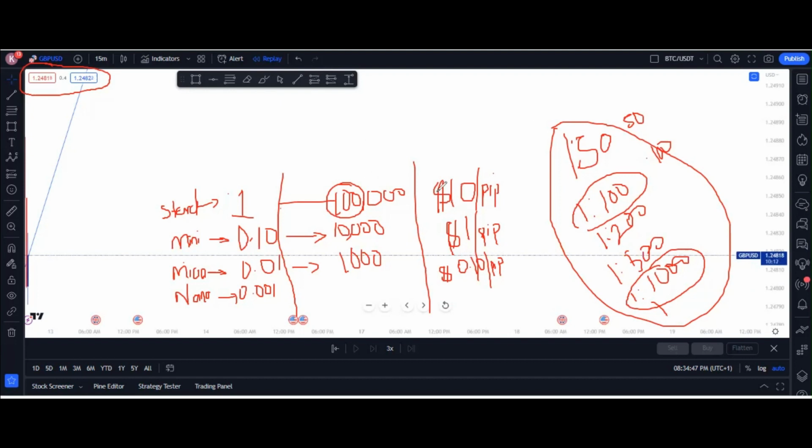Now, to be able to buy, for instance, with my $100 account where I'm using 1:1,000, I can buy 100 units of, let's say, GBP USD. But I need 1% of these 100 units. I need to be able to afford 1% of the 100 units, and the broker gives me the 99%, which is the leverage.